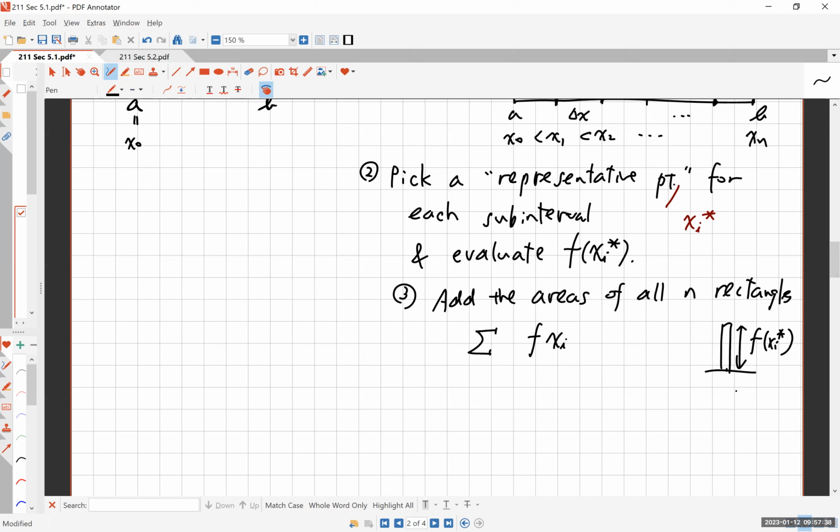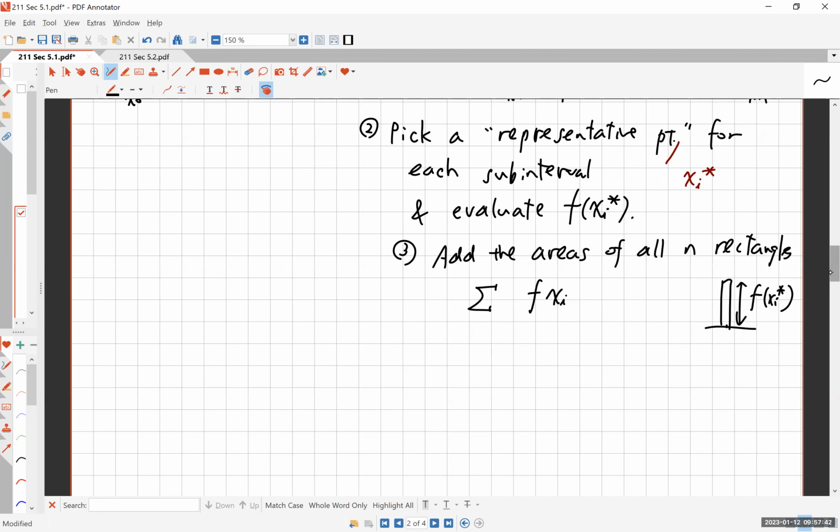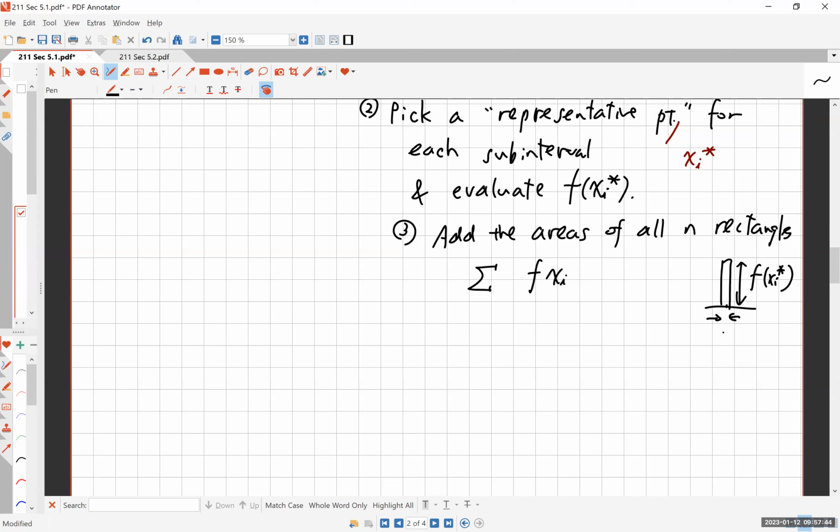I will show you mainly 3 different ways of doing this. The base of each rectangle, as we said, is delta x, which is the same for every subinterval. So if you add all of these, as i goes from 1 to n, because we have n subintervals, this is going to be a good approximation of the area under the curve.